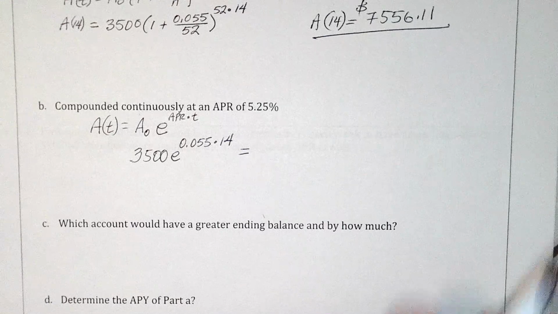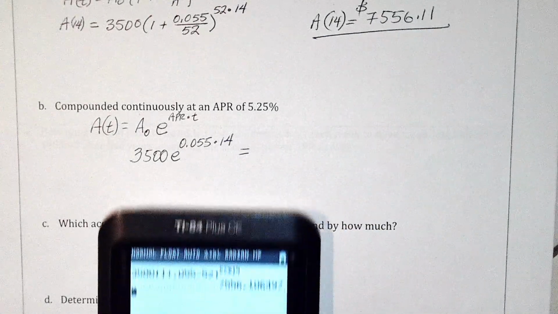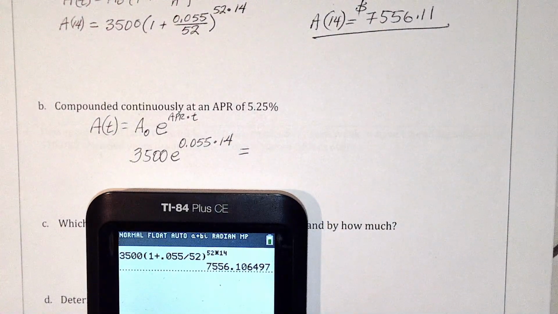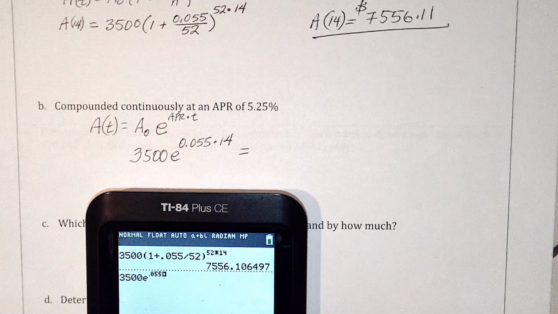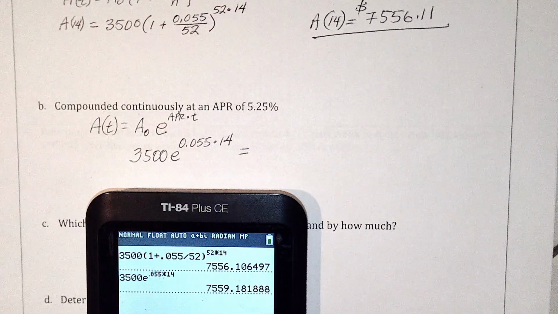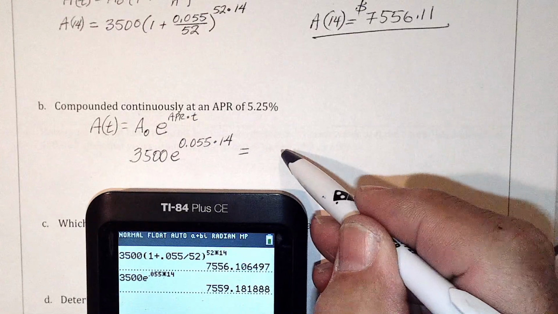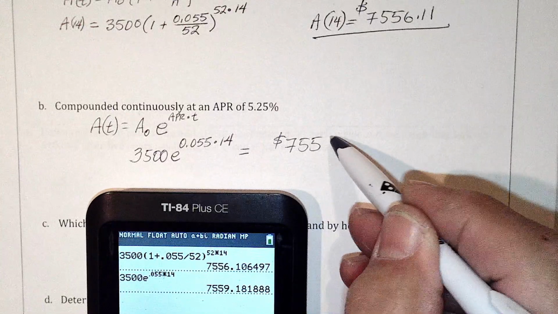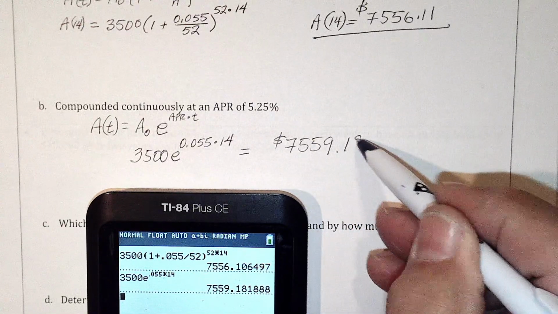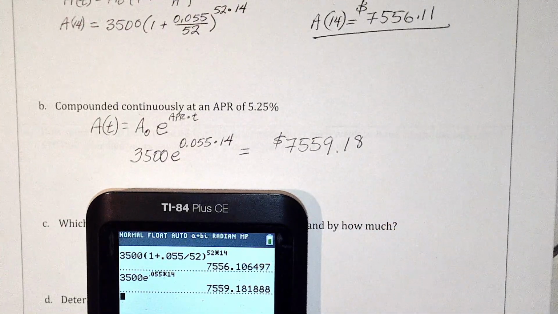And now we should get a little bit more than we had before. 3,500 e to the 0.055 times 14, and we do get slightly more. We get $7,559.18 rounded.